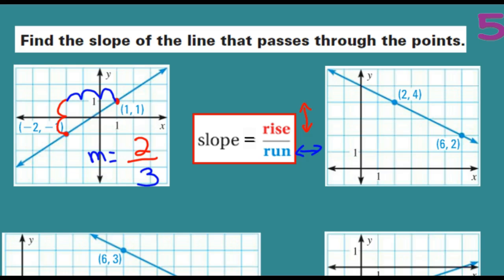Here it looks like our rise is going down. So 1, 2. That makes it a -2. And then our run goes 1, 2, 3, 4. -2 over 4. But we can simplify that to -1/2 by taking 2 out of both.